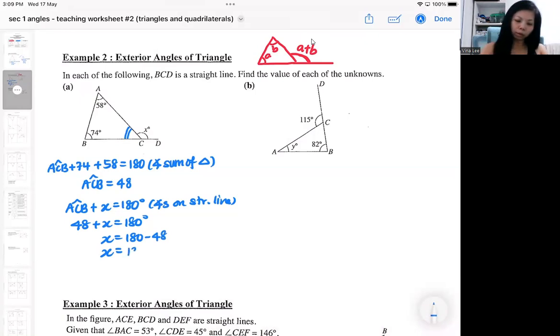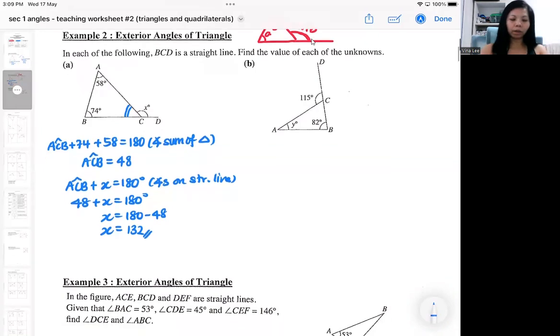And you will get 132. Okay, so you make use of two properties to be able to find your x.